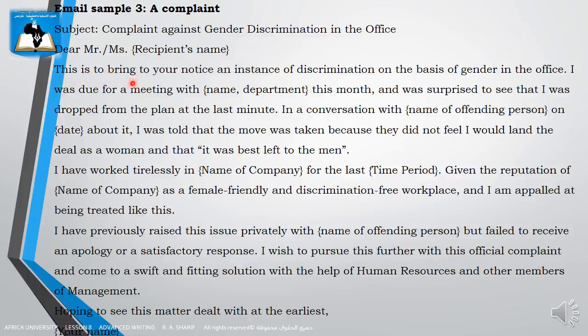Okay. This is to bring to your notice an instance of discrimination on the basis of gender in the office, meaning discrimination happened in the office, or at work.